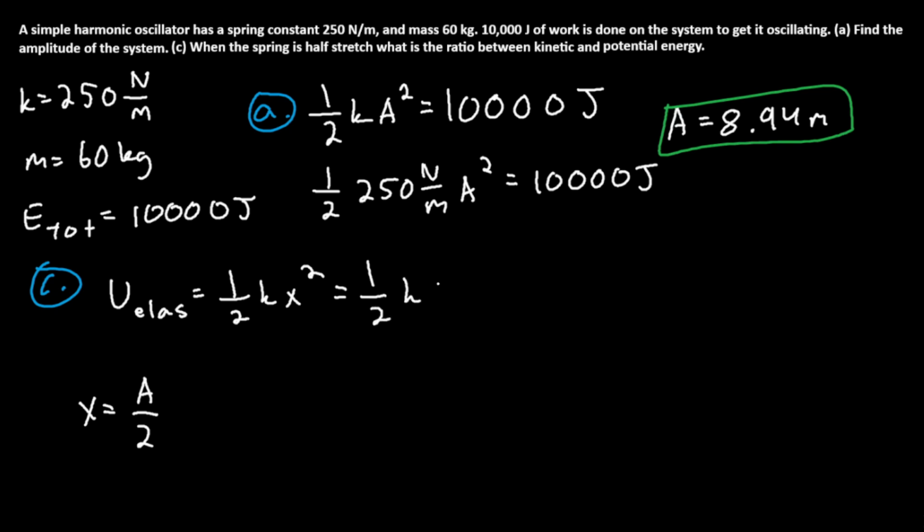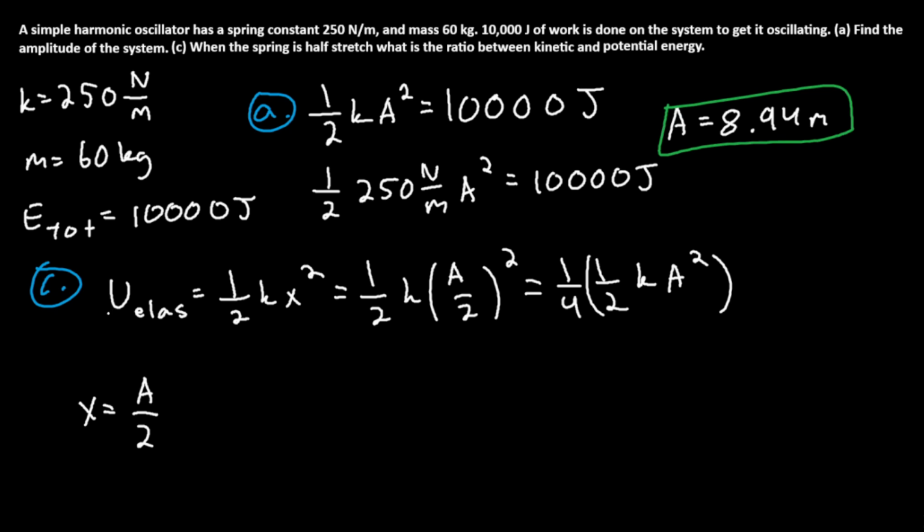1/2 k times (a over 2) squared. But here's the thing. We can distribute everything out. So we get 1/4 times 1/2 times k times amplitude squared. Now, look what happens. 1/2 k times amplitude squared is equal to your total energy.